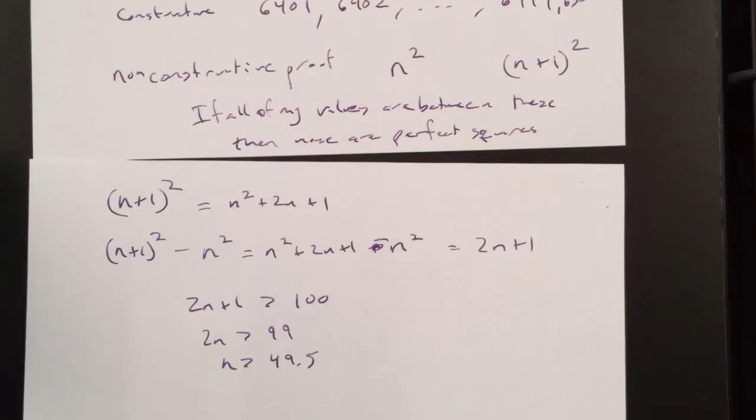50 squared. 50 squared is 2,500. What's 51 squared? 2,601. There are 101 numbers. I have to have a list of 100 in between, don't I?